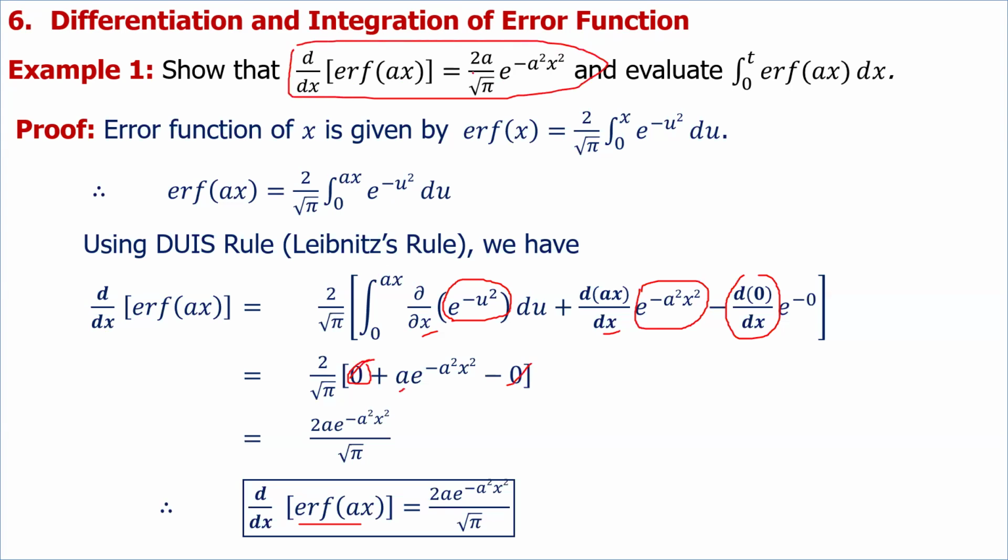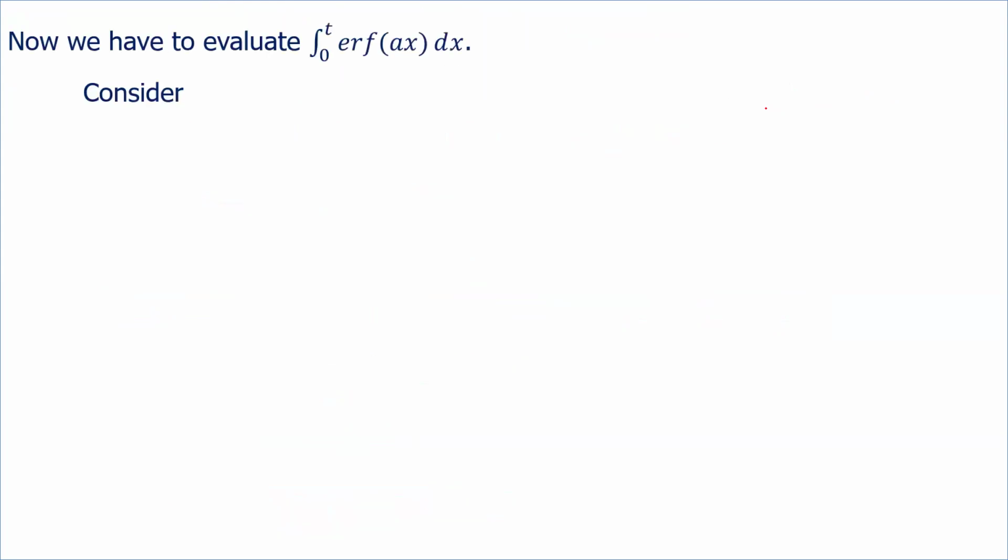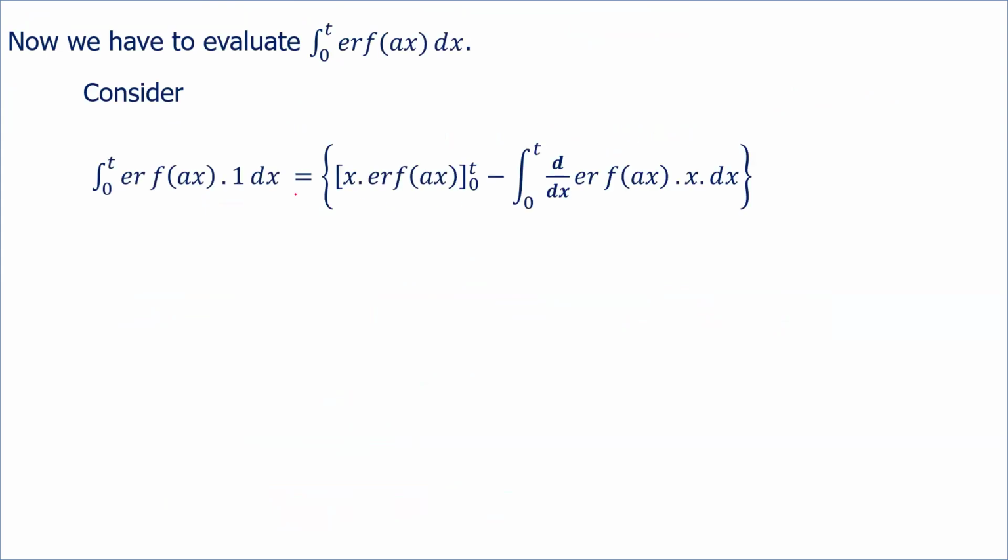Let us try to evaluate the integration of error function of ax under the limit 0 to t. Since we don't know the integration of the error function, we treat this error function of ax as one function, multiply by 1, and use integration by parts.